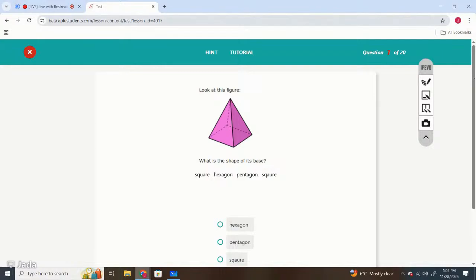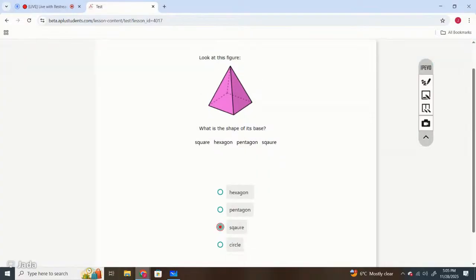What is the shape of its base? The base of this figure is square. The correct option is square.